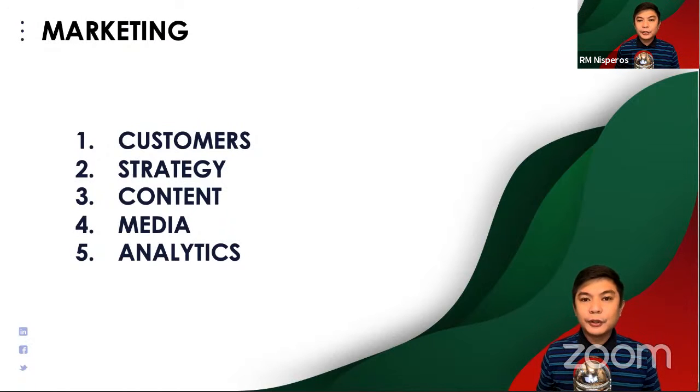By doing so, you can create quick tests, monthly, weekly tests to know if your marketing plan works or not. So that's the five elements that I think are needed in every marketing plan, digital or traditional, doesn't matter.